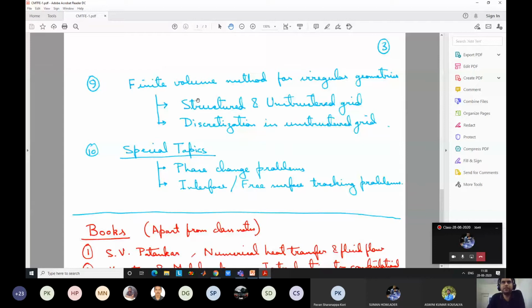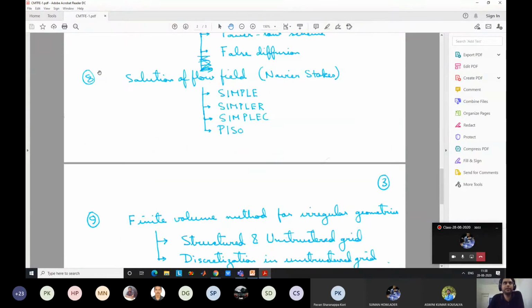One is finite volume method for irregular geometries. Up to this point, whatever we are going to study is for regular geometry. Regular means structured, like a rectangle or a square, or a circular geometry, not a haphazard type of geometry, or unstructured or non-regular geometry.